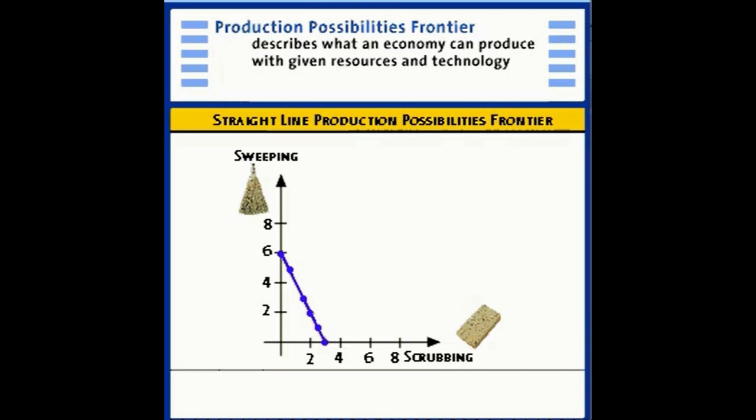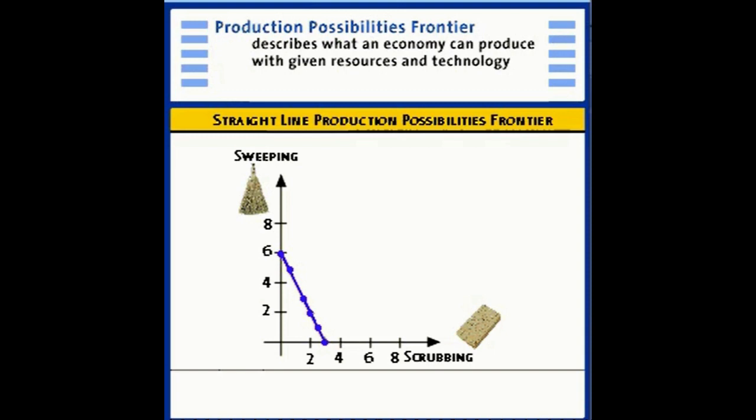Some land is wet, it's good for rice. Some land is dry, it's good for wheat. Bernie, on the other hand, apparently has time and talent that's equally well suited to sweeping or scrubbing. There is no outward bow to Bernie's production possibilities frontier because there is no increasing opportunity cost.